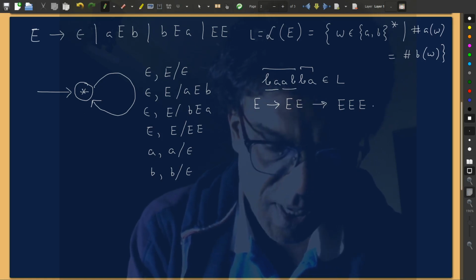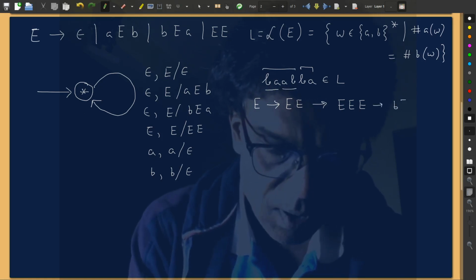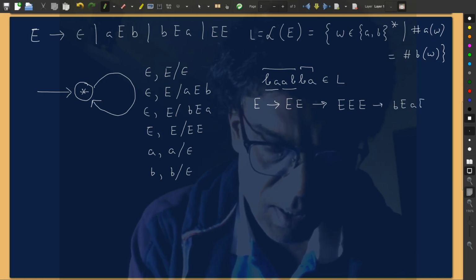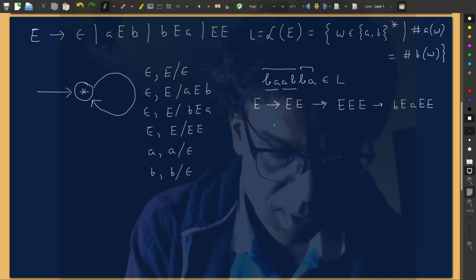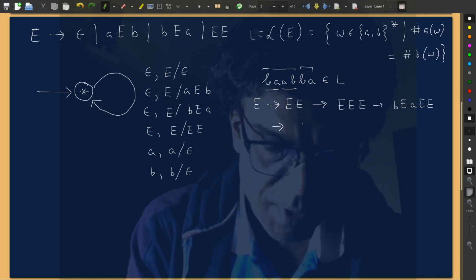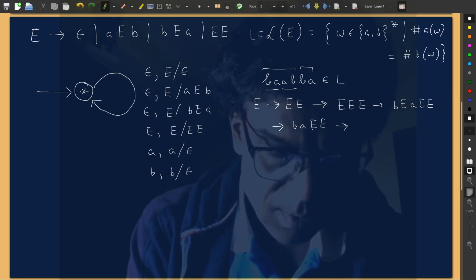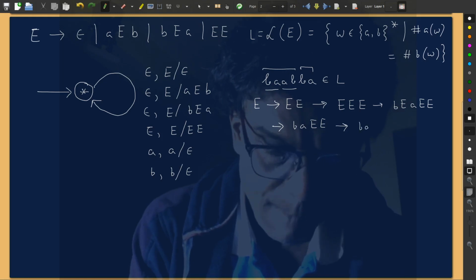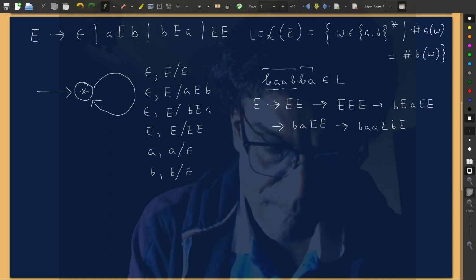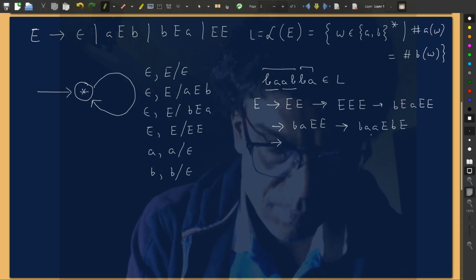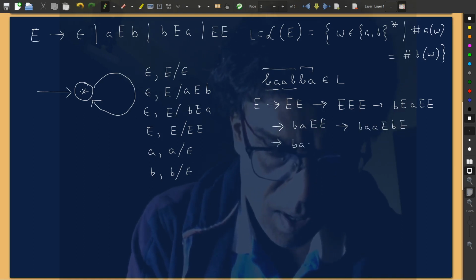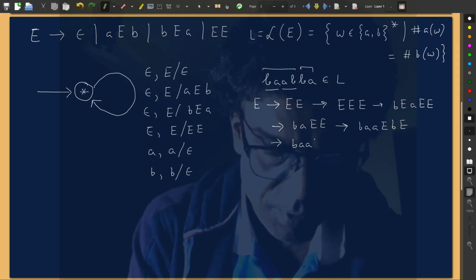Then this is BA, so I can use BEA, EE. Then I use the rule, E can be epsilon, so this is BA, EE. Now here I use, let's say, AEB, A. B, A, E can be epsilon, so I just put it like this.